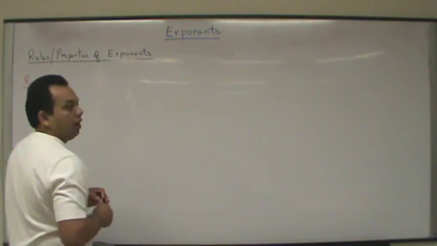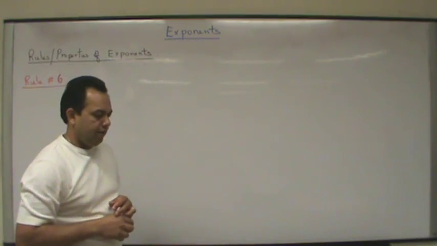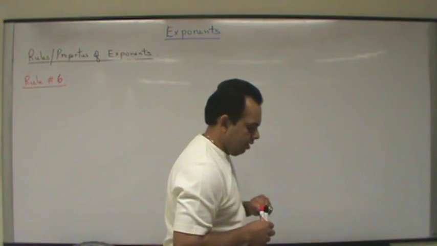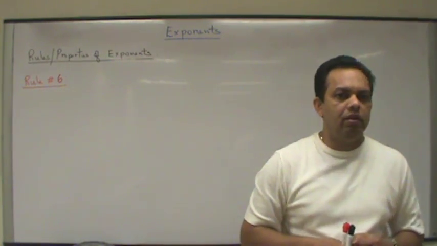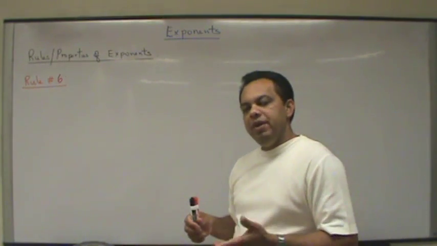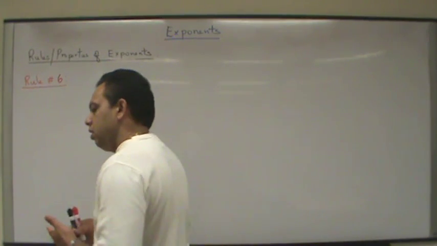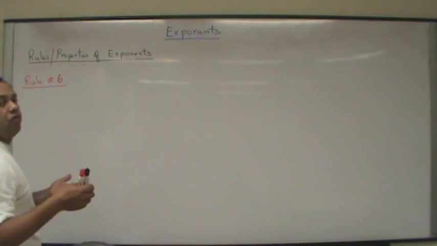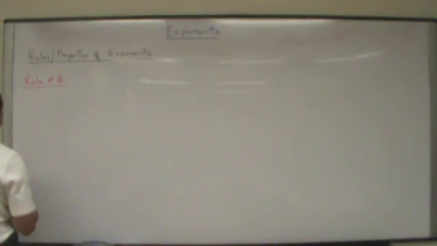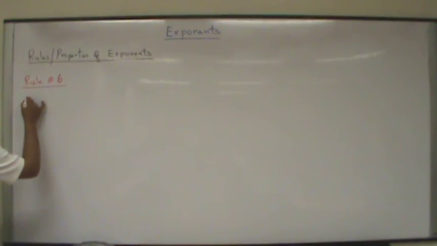The last rule I will look at today for this lesson is fractional exponent. What does it really mean for an exponent to be in fraction form? I'll write the rule: a to the n over m power. Well, we could rewrite this.